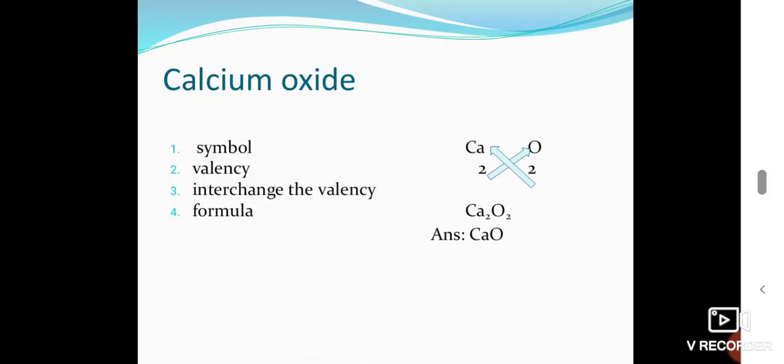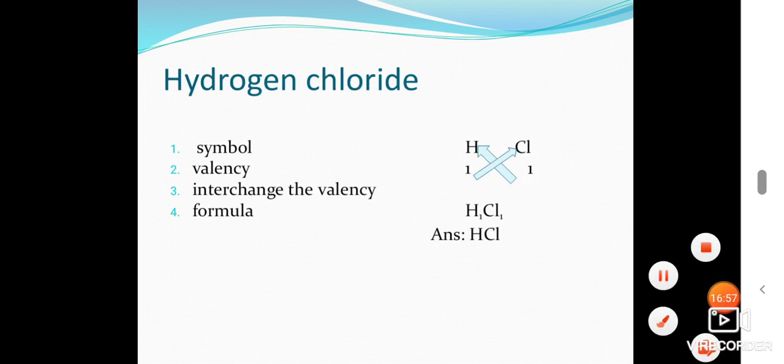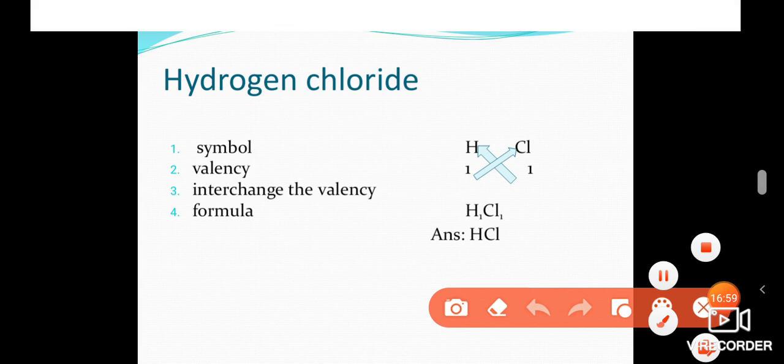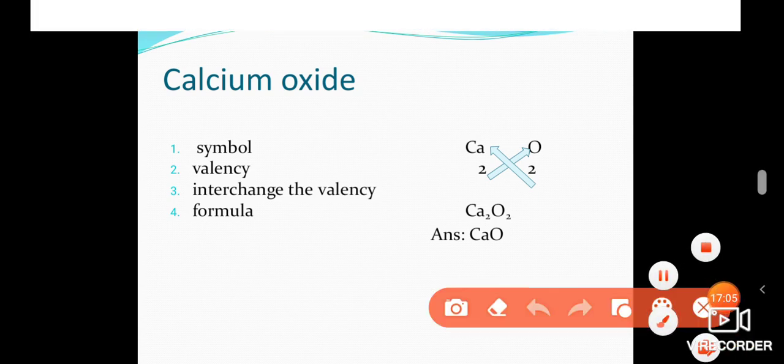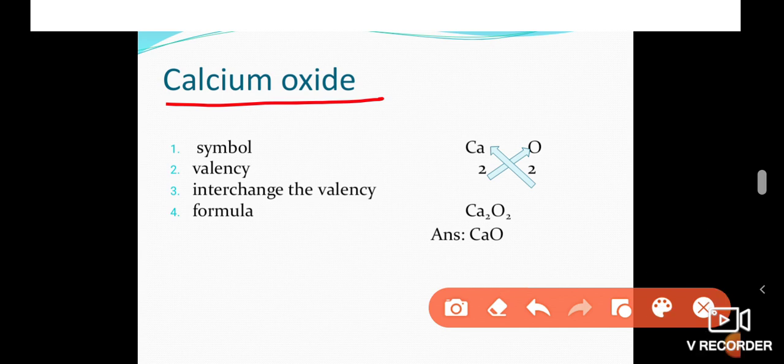calcium oxide. So first we have to write the formula for calcium oxide. First write the symbol. Symbol for calcium is Ca.